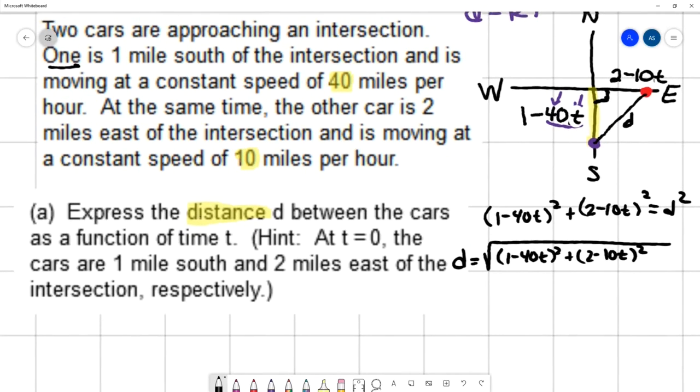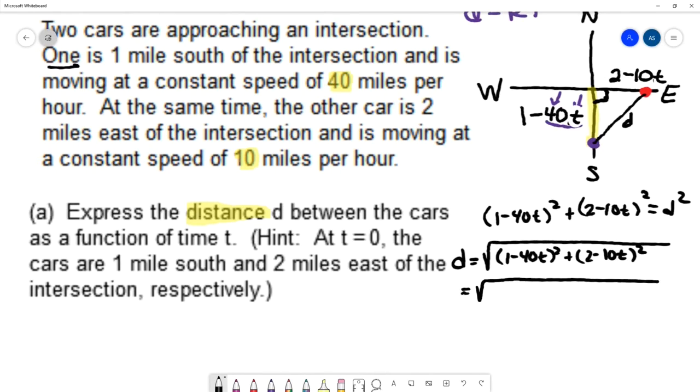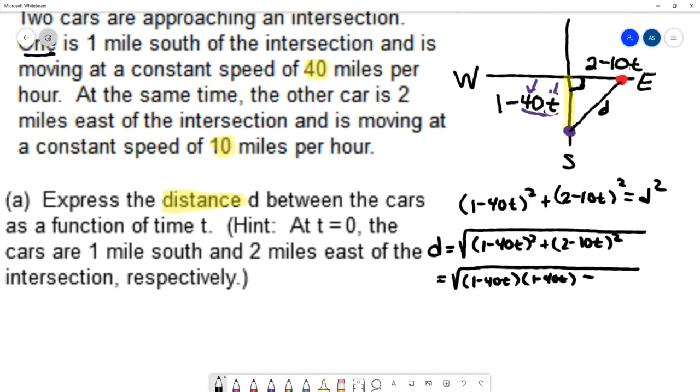I'm going to do a little bit of simplifying on this formula. Let's simplify the squareds inside the radical. That's (1 minus 40t) times (1 minus 40t), plus (2 minus 10t) times (2 minus 10t).